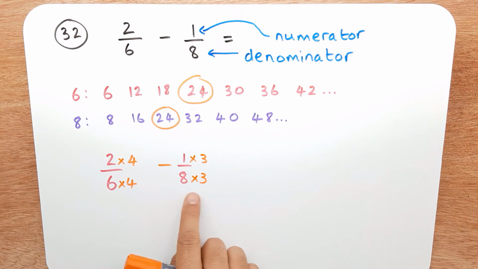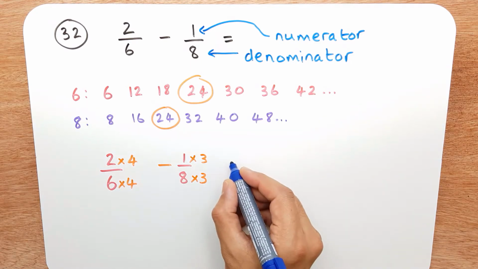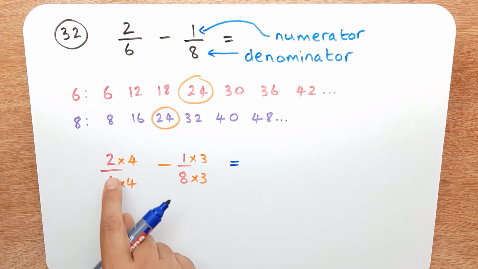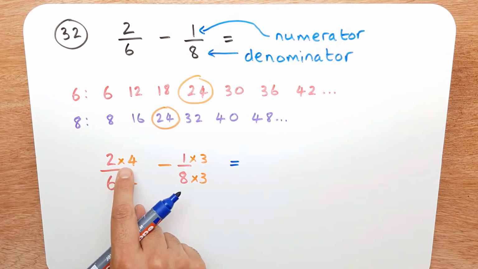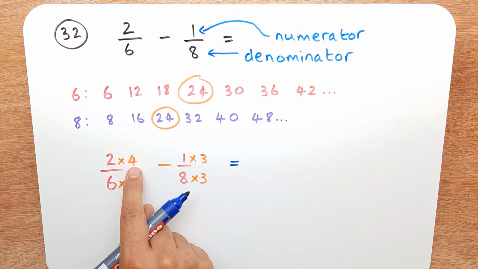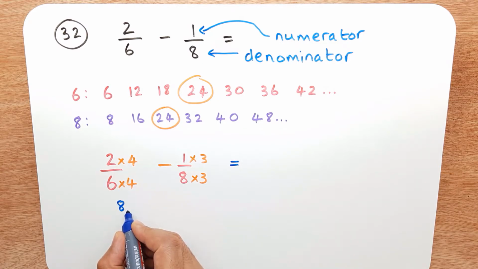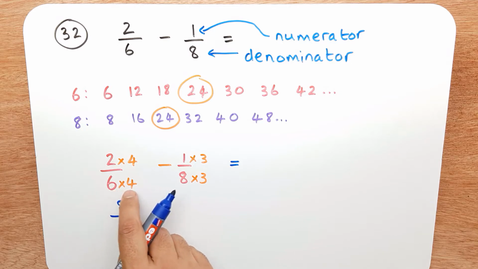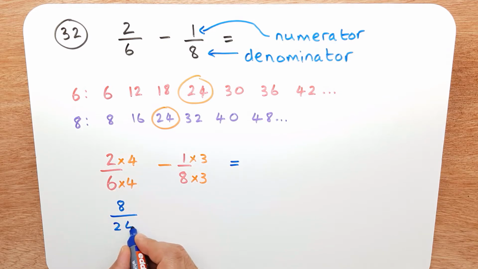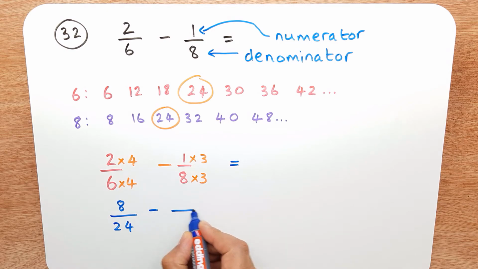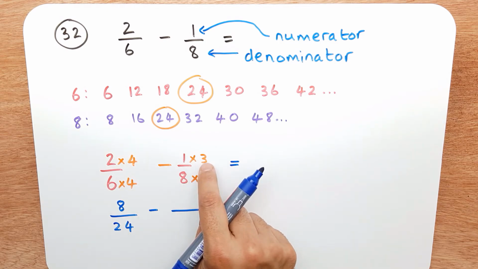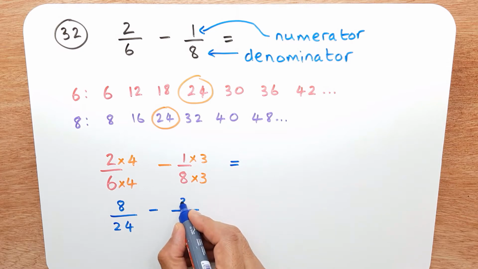So these are my two fractions now. Let's write them here. 2 times 4 is 8. 6 times 4 we know is 24. Minus 1 times 3 is 3.